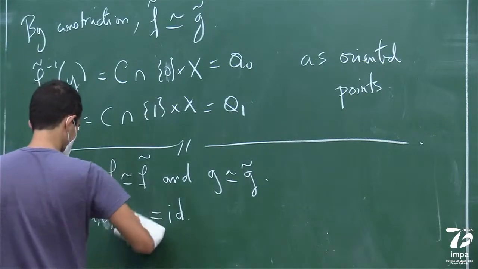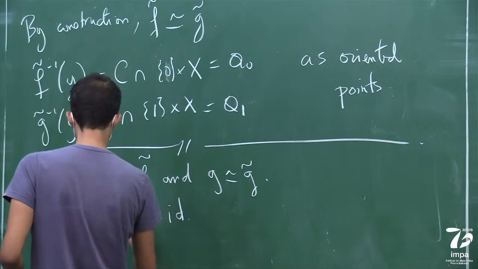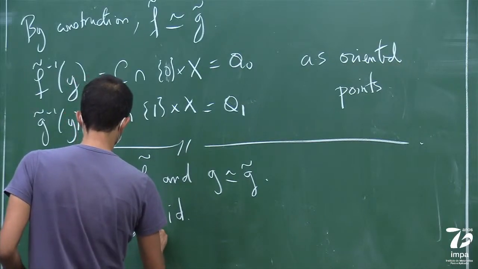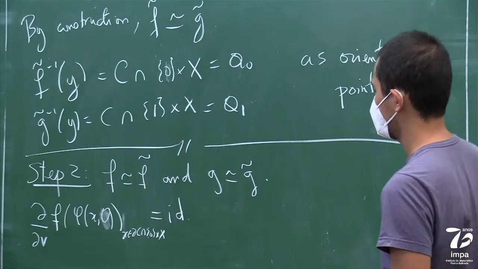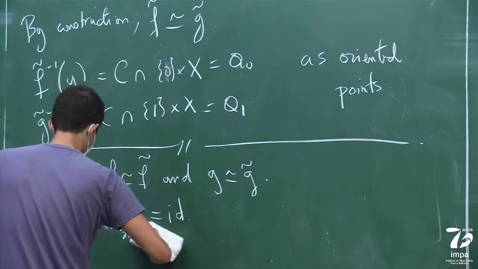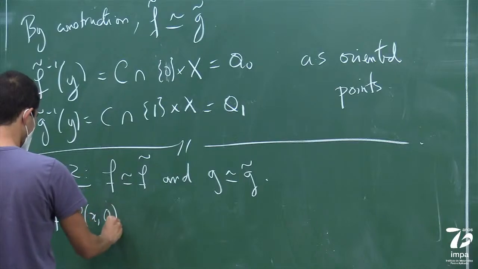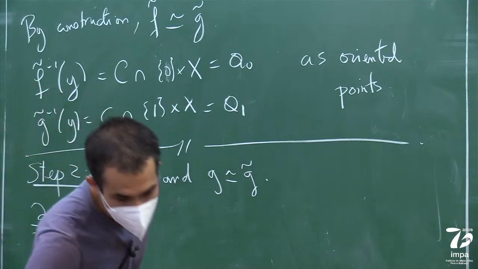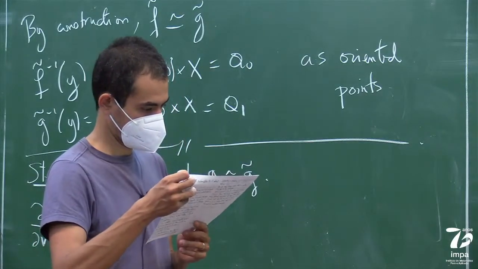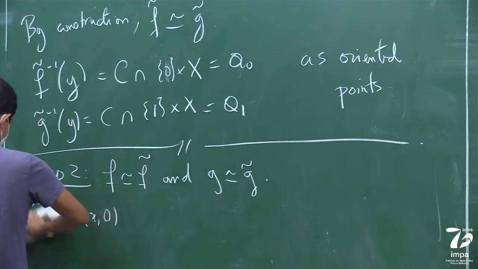So for the points x of the form, x on the boundary of C intersected with 0 times x. Okay, it's a little confusing, but oh no, sorry, this is not the boundary of C. Sorry, this is a little confusing.